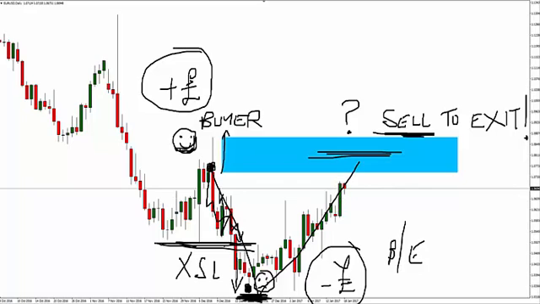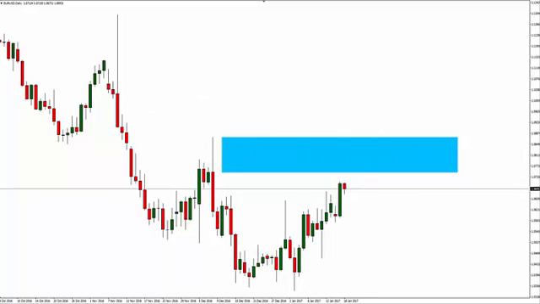But getting back to this particular setup, what's going to happen, as we've discussed, is these people are going to bail out, and that's going to create a supply in here. There are other reasons why there's supply in here as well, but we're running short on time.